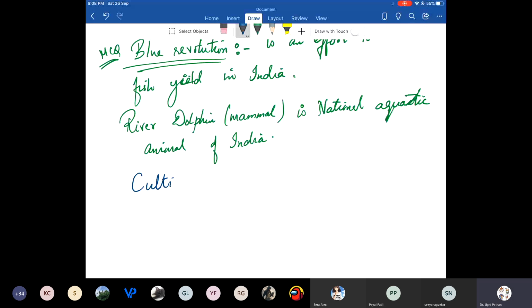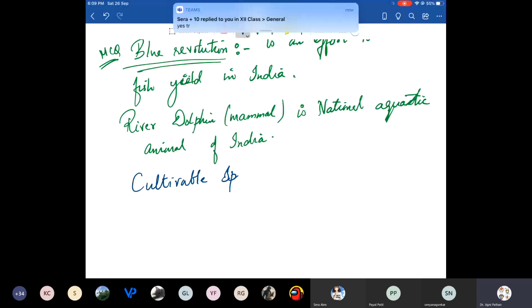Cultivable species of freshwater fishes.